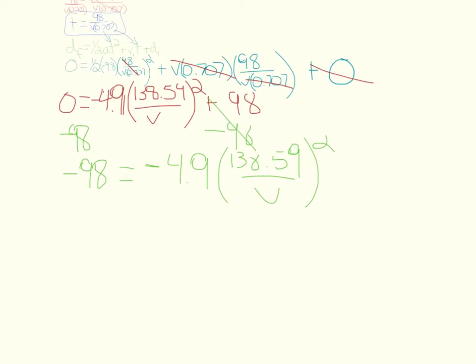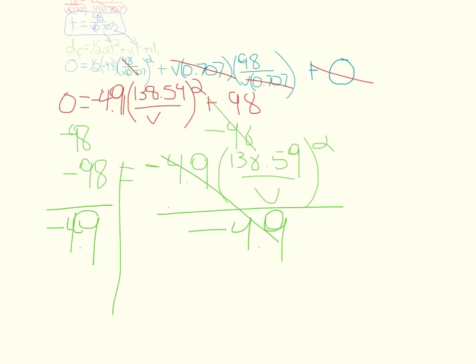We are going to divide by negative 4.9, over negative 4.9, to get rid of that on that side. And that's going to give us 20.